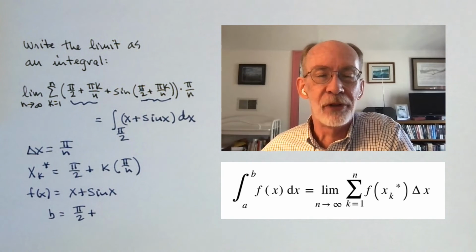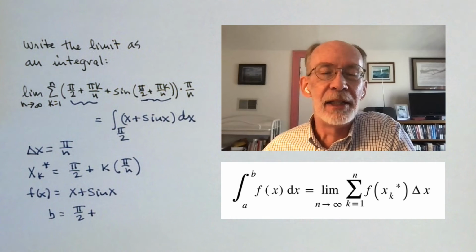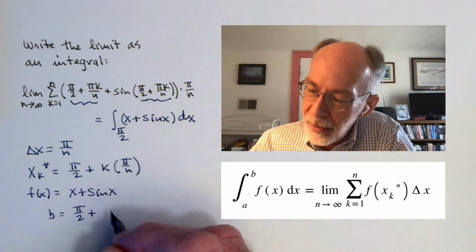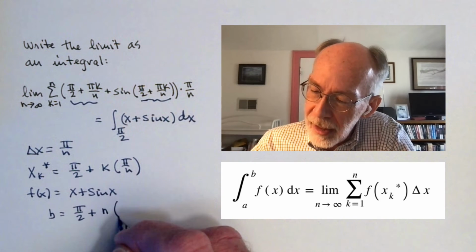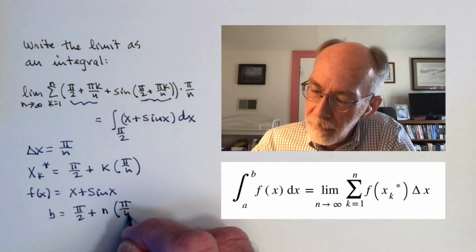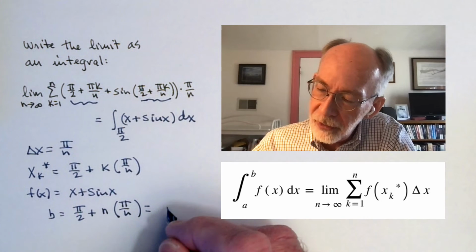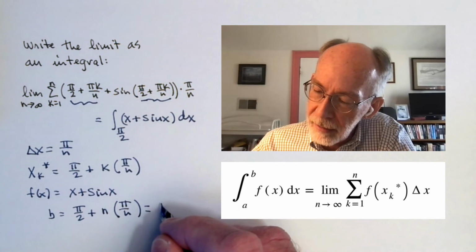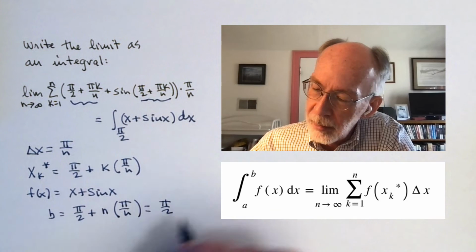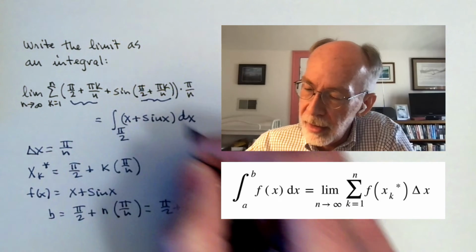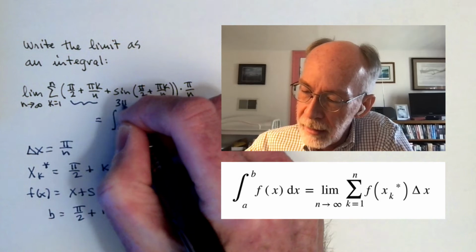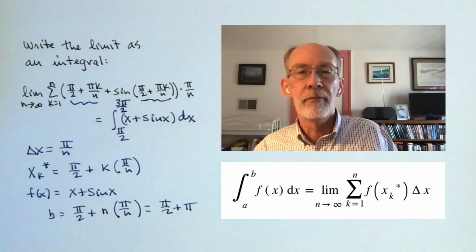So if I know what delta x is, I multiply it by n. I've got the difference between a and b. So this is going to be n times pi over n, which means it's pi over 2 plus pi, which is 3 pi over 2.